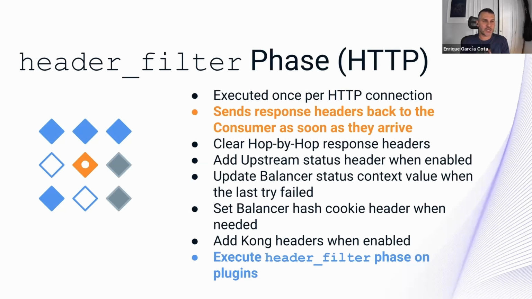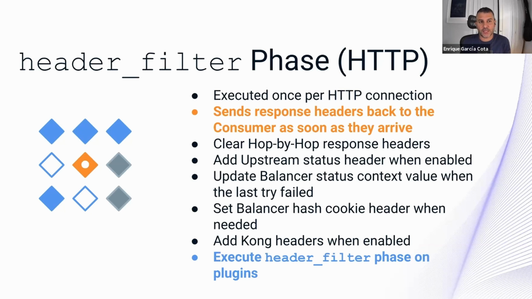This means that as soon as the last byte from the response headers arrives to Kong, this phase starts. And at the end of this phase, Kong will send the headers back to the consumer so he can have the headers faster. The consumer doesn't have to wait for the whole request to go through Kong. It has a header filter phase available on plugins.